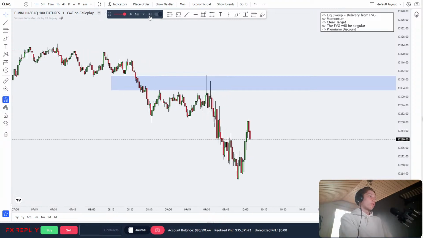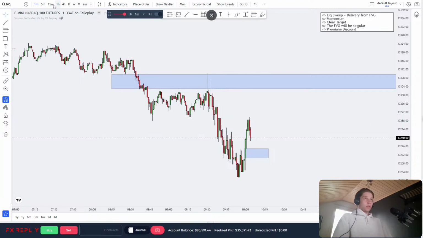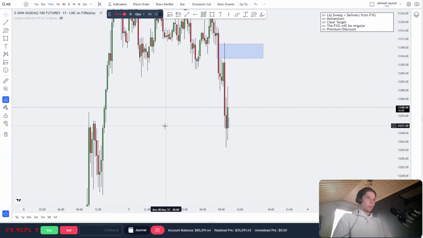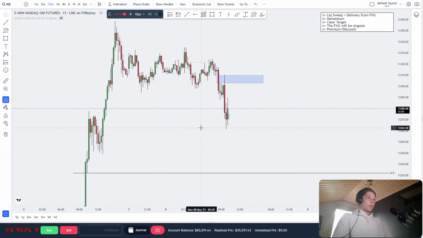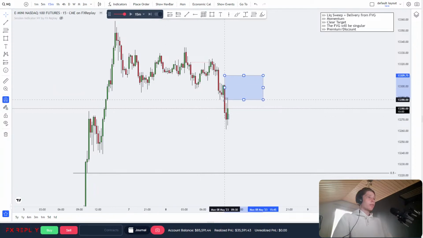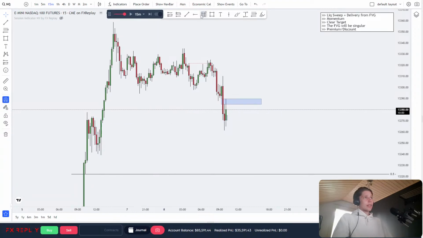Okay, this is the first clean buy side fair value gap. I think we have swept. We're delivering away from here. Although we tapped in this, which I don't like.